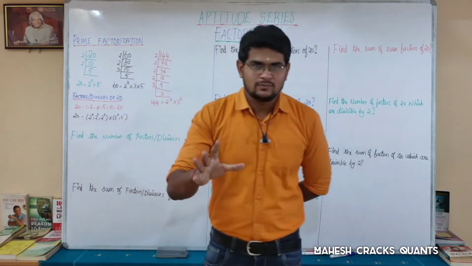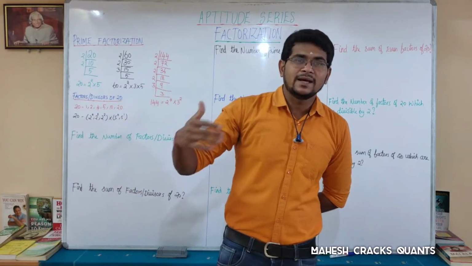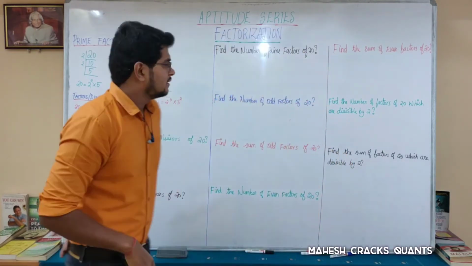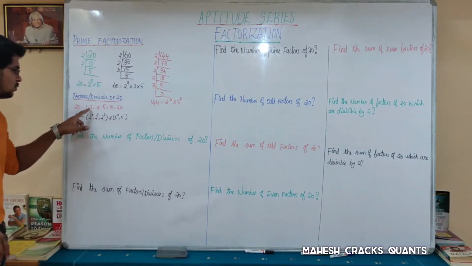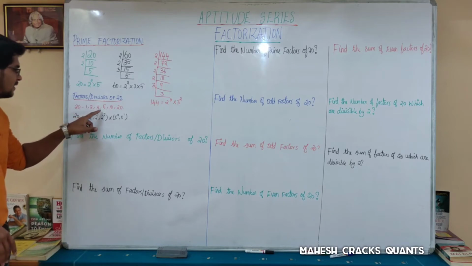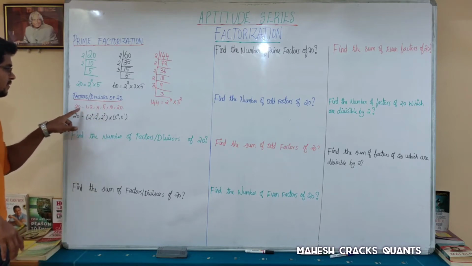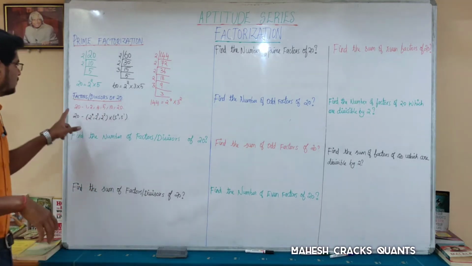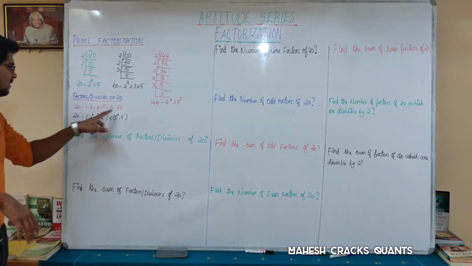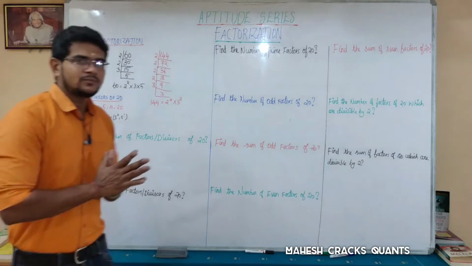Next, 5. Next, 10. Next, 20. That's it. These all are the factors of 20. 5 will divide 20, but 6, 7, 8, 9 will not divide 20, and then 10 and finally 20.